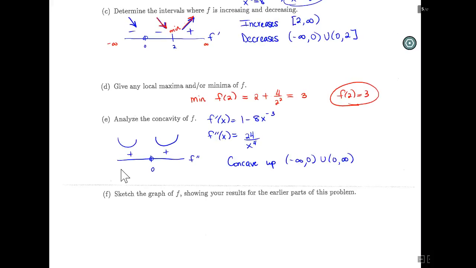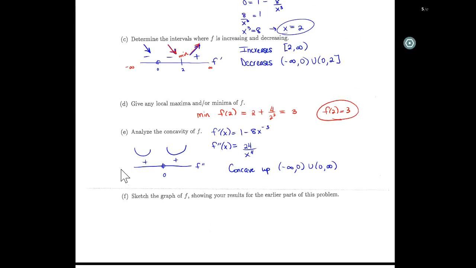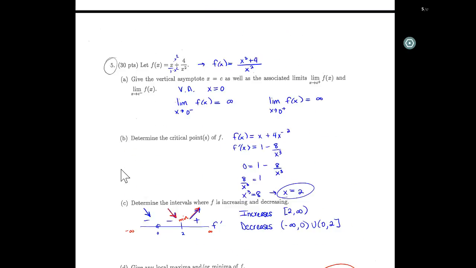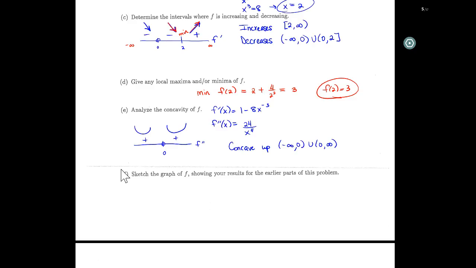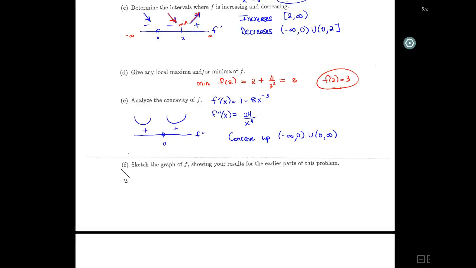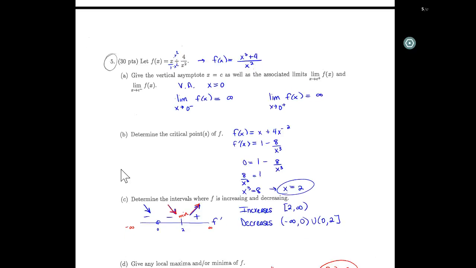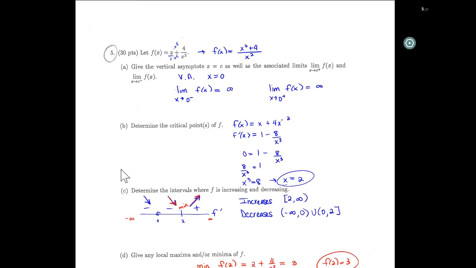Okay, now sketching the graph showing your results for the earlier parts of this problem. I'm guessing they're talking about, what do we have here? Well, we have a vertical asymptote at 0, and we know there's a minimum at 2, and that minimum was (2, 3). So it hits a minimum here. And what else do we have?